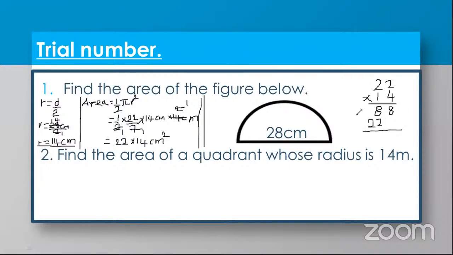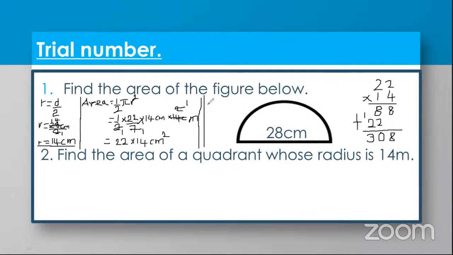Clever, you add. 8 plus 0 equals 8. 8 plus 2 equals 10. You carry 1 to the place value of hundreds. 2 plus 1 equals 3.